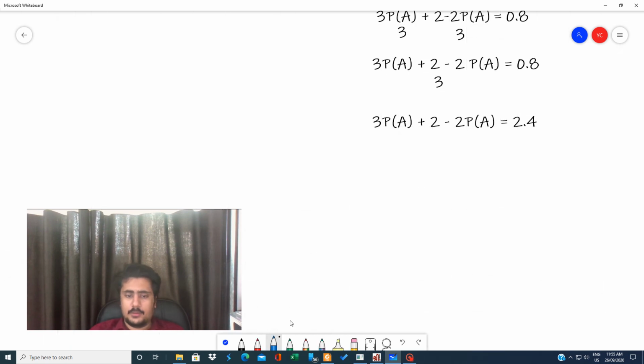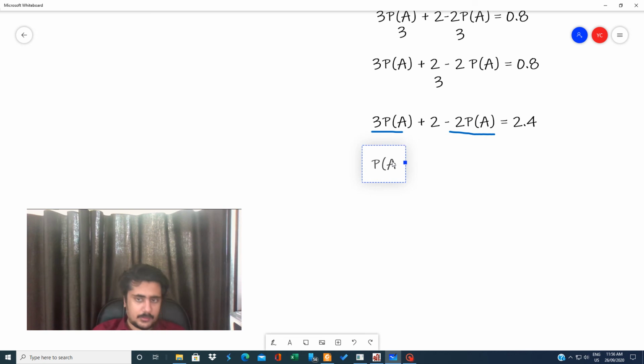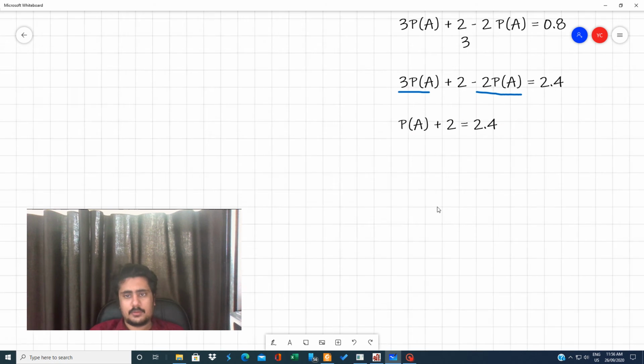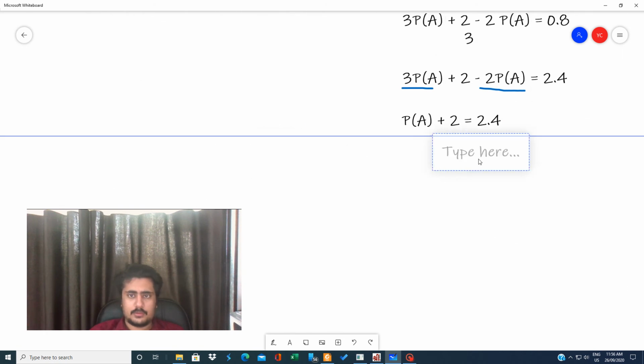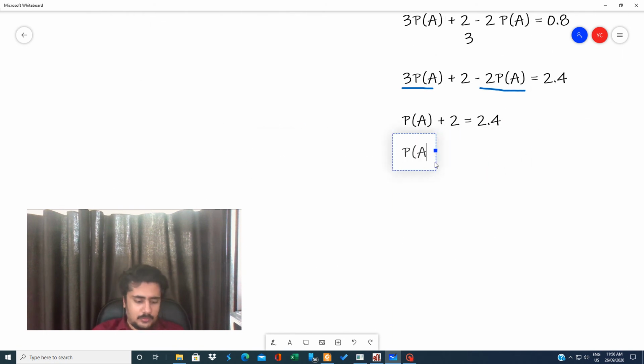Now see, 3P of A minus 2P of A. What is 3P of A minus 2P of A? It is P of A. Plus 2 is 2.4. Now P of A is equal to 2.4 minus 2, that is 0.4.